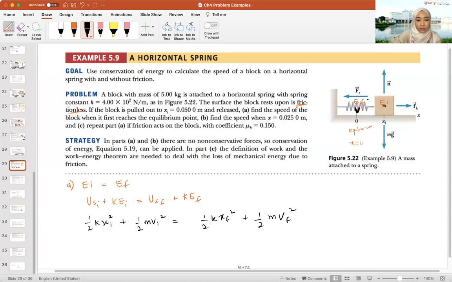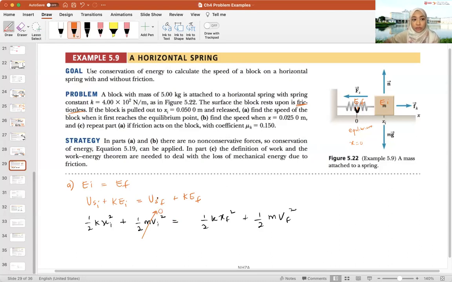Okay, so now, apa yang kosong dalam equation ni? What is going to be 0 in this equation? KE initial, KE initial is going to be 0, betul. Sebab bila kita tarik tu, it's not moving yet.